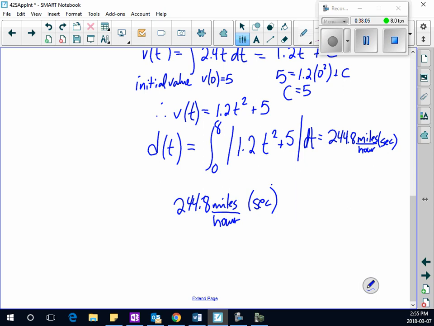So 1 hour is 3,600 seconds. So do you see the hours cancel and the seconds cancel? And when I take 244.8 and divide by 3,600, I will get how many miles are left, which is approximately 0.068.